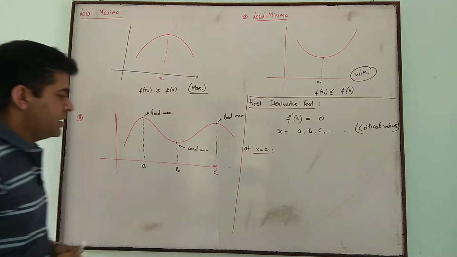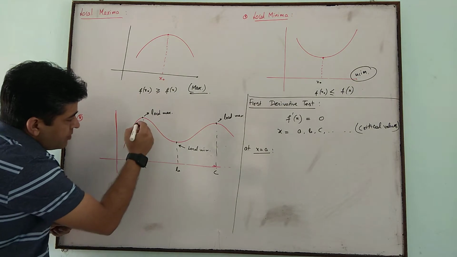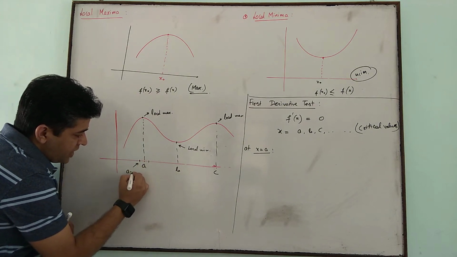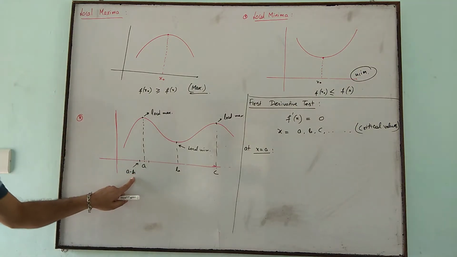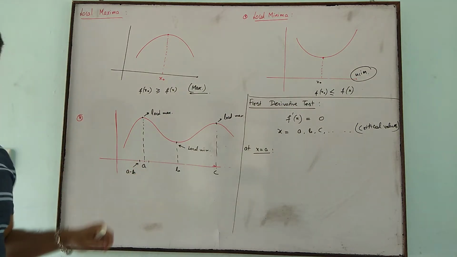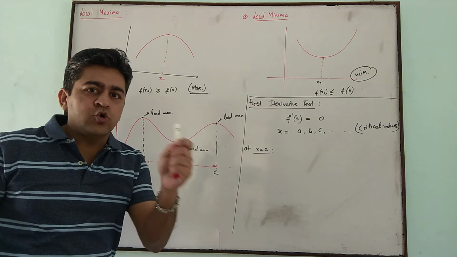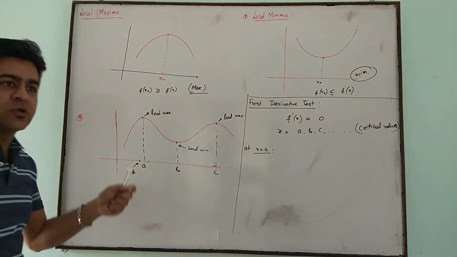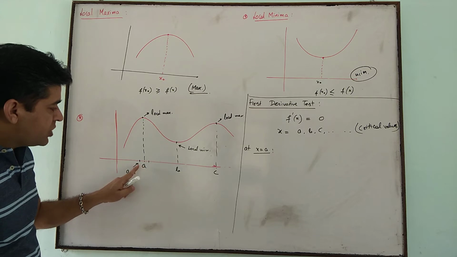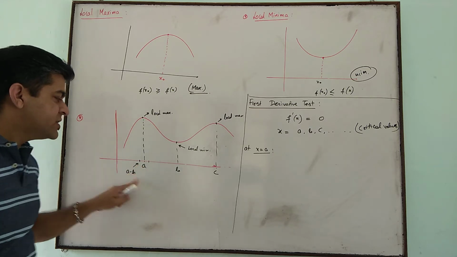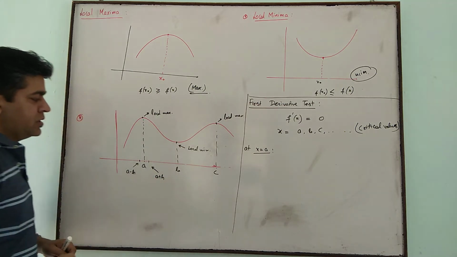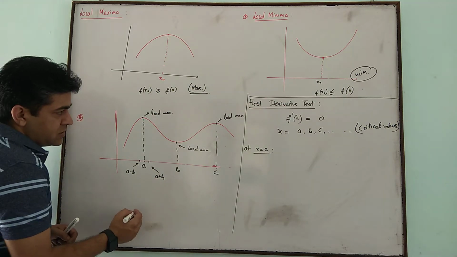We take a small value less than a, that is a minus h. h is of very small value, this is very important. Suppose the value of a is 3, you can take 2.999, you cannot take 2, right? So less than 3, it is 3 minus h, where h is very small. Then we consider a plus h, a small value greater than a.